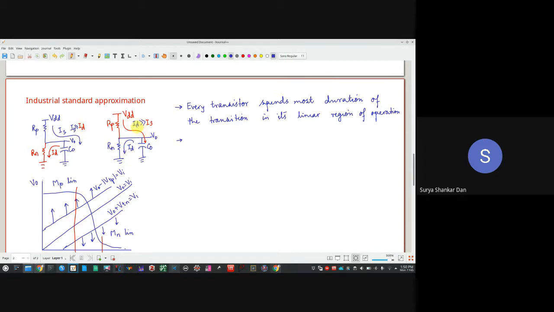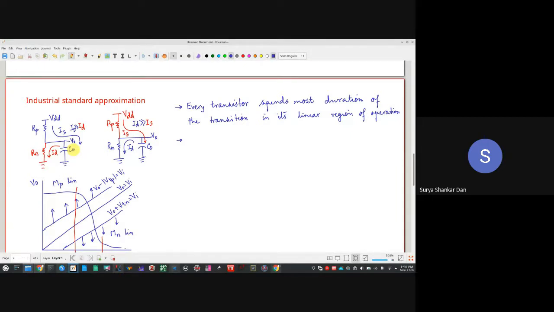But remember that neither of them is basically switched off. In fact, we have seen that even in the cutoff region, it's not switched off. It is going to have an exponential current. Right? So that means there is always a race between this IS and ID. Okay, everyone with me? So in the industry standard, what industry people have thought is that when you are looking at the net effective resistance seen by the CO, then obviously we will choose whichever is the minimum resistance of the two.